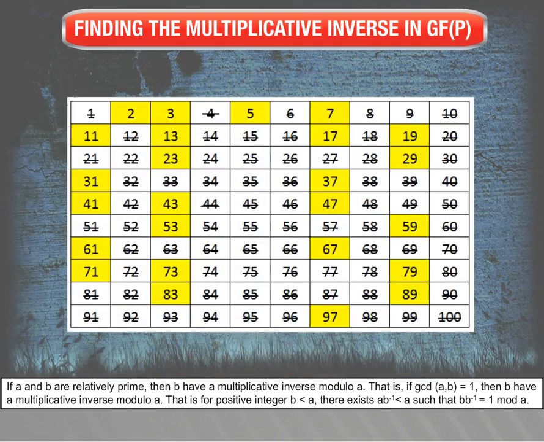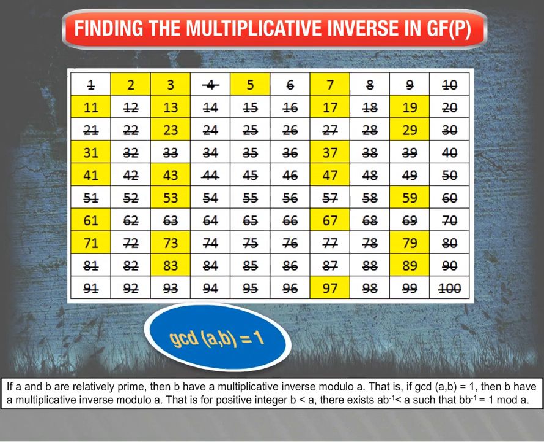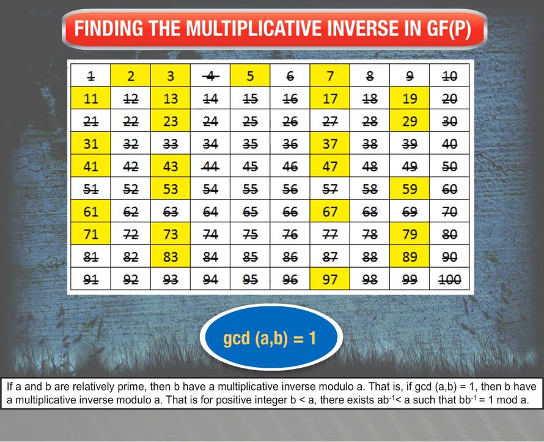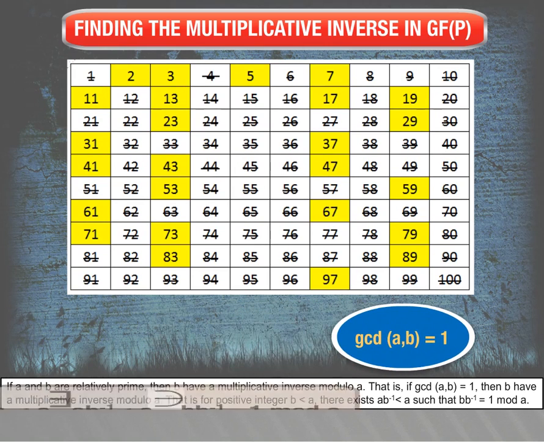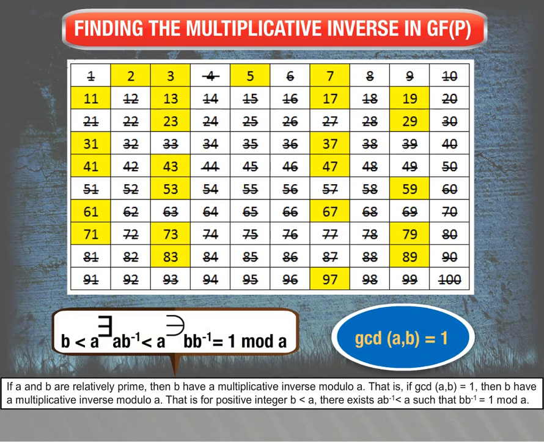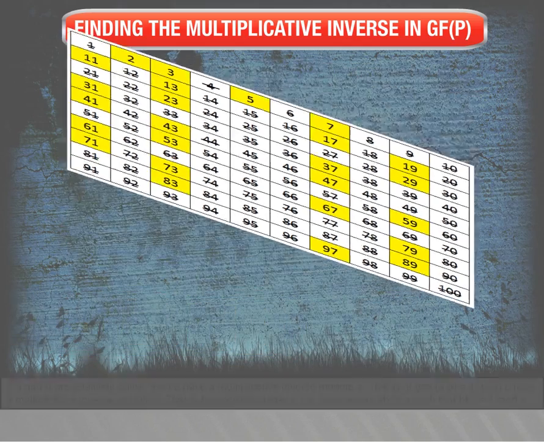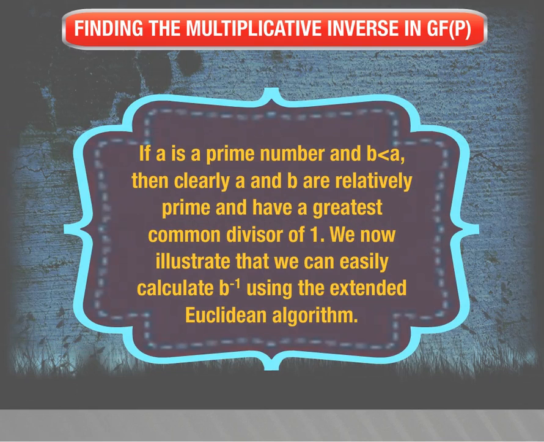If A and B are relatively prime, then B has a multiplicative inverse modulo A. That is, if GCD of A, B is equal to 1, then B has a multiplicative inverse modulo A. That is, for positive integer B less than A, there exists a B inverse less than A such that B times B inverse is equal to 1 mod A. If A is a prime number and B is less than A, then clearly A and B are relatively prime and have a greatest common divisor of 1.